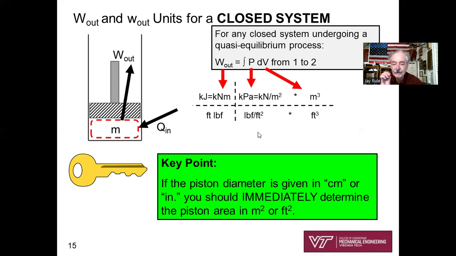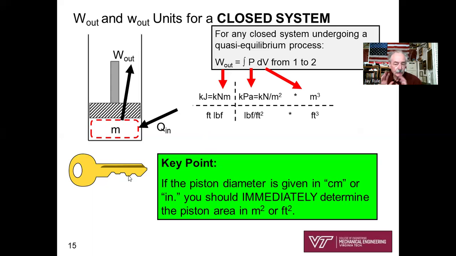I've got to be savvy enough to know that in my solution I need to express pressure in pounds per square foot. So if I express pressure in pounds per square foot times dV in cubic feet, I can cancel my units and get pounds force foot. Yep, the right-hand side of this expression for work has exactly the same units as the left-hand side.